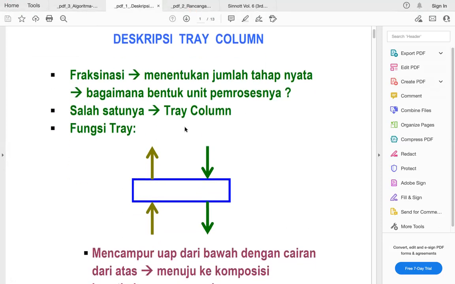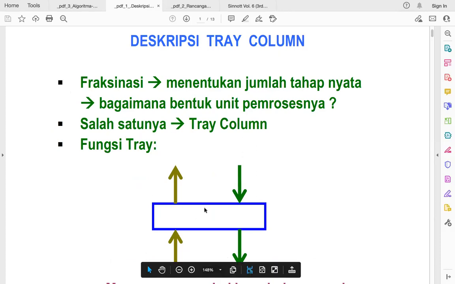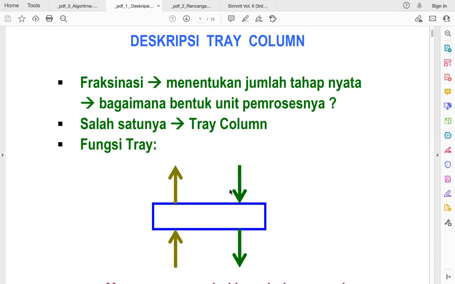Okay, so as we know, the tray column is one tray. It actually says one equilibrium stage.